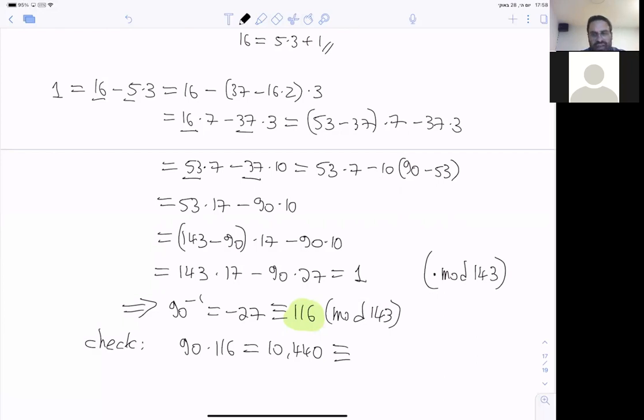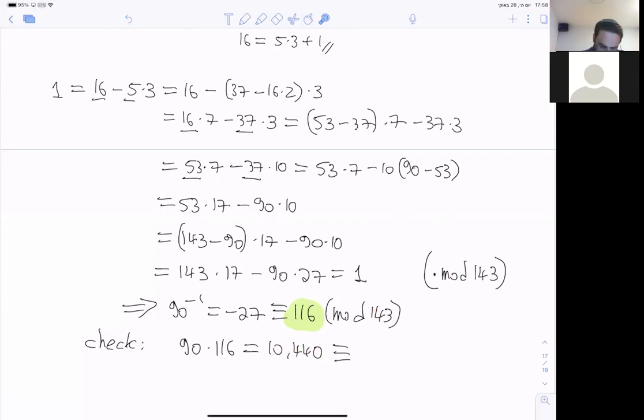The simpler way to check it is to remove one from here and see that it's divisible by this, because it should be one modulo.